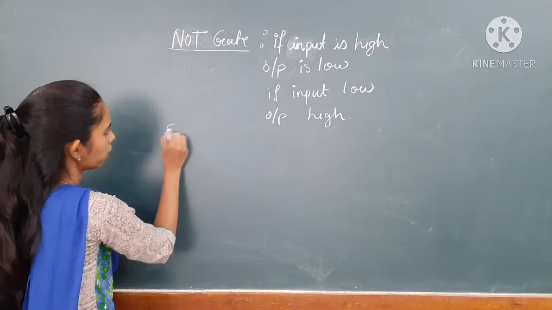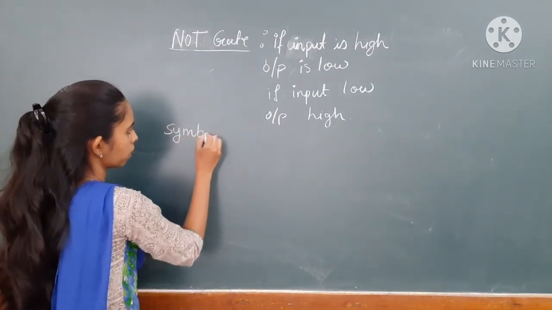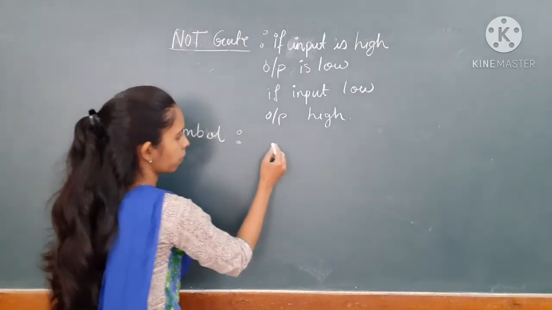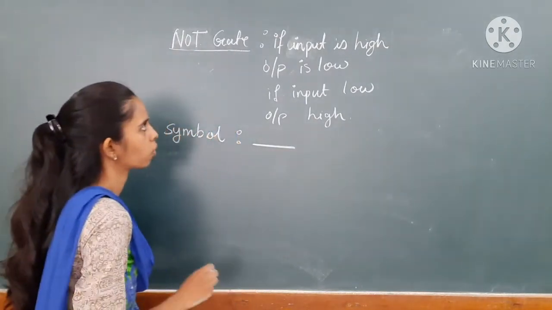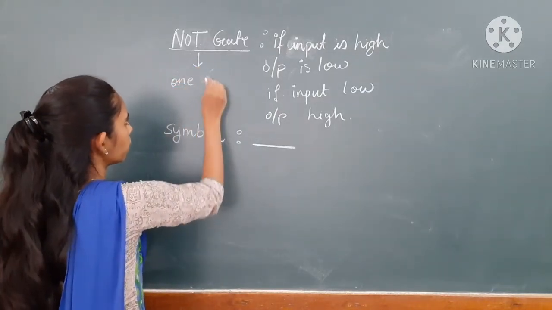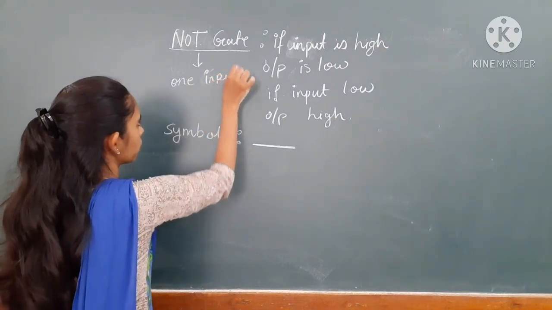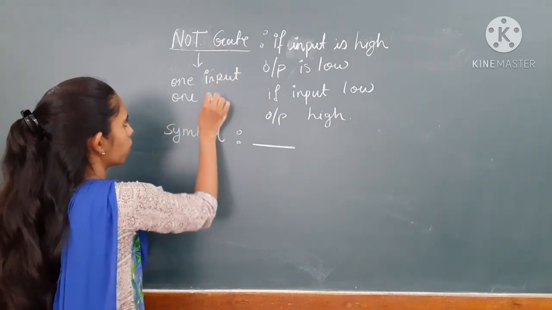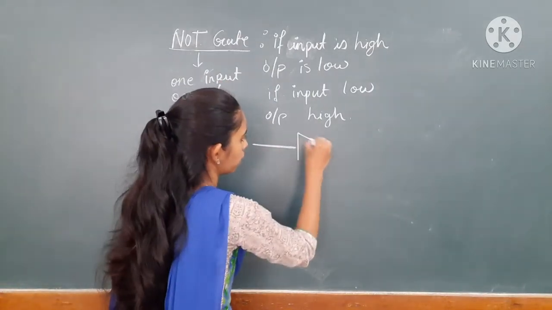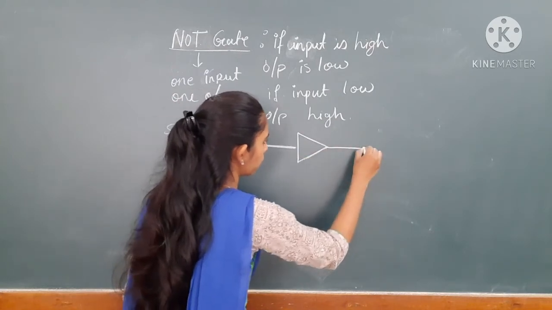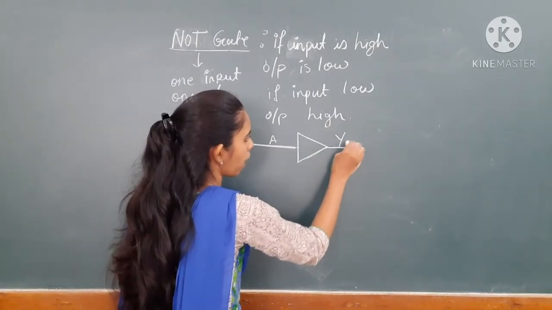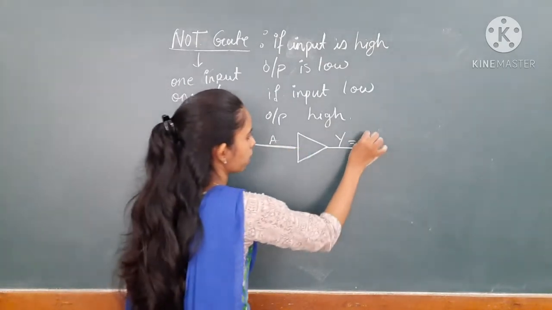What is the symbol for it? The symbol for the NOT gate has only one input and one output. This is the symbol for the NOT gate, with input A, and over here you will get Y is equal to A bar.